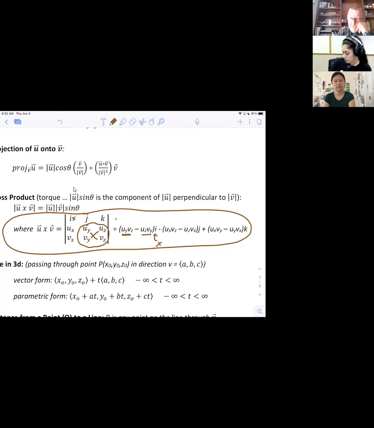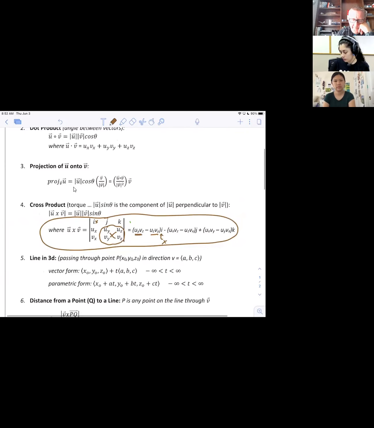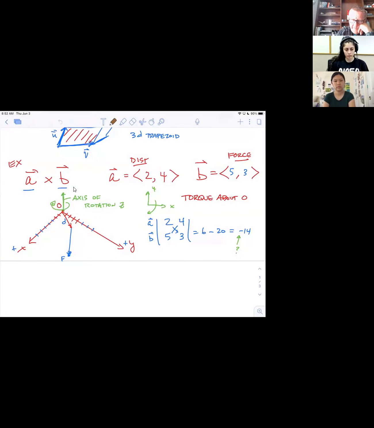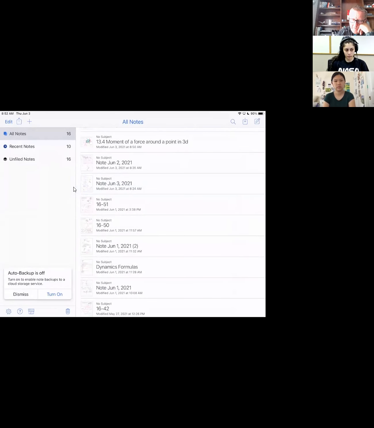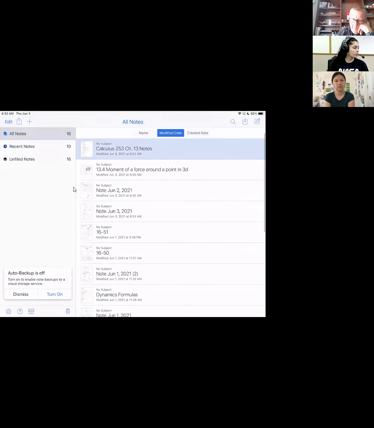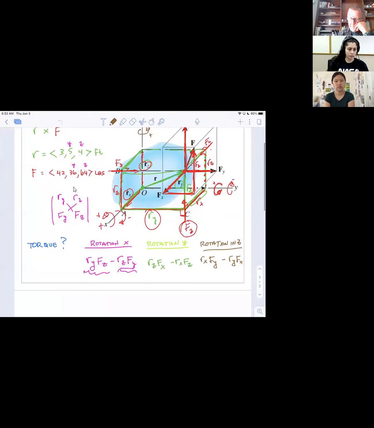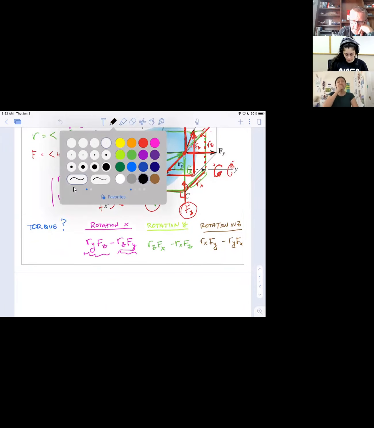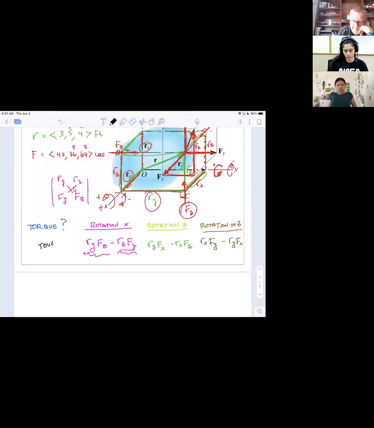Now, I want to show you something kind of cool. The reason mathematicians spent some time with this is, can you appreciate that this right here is going to be tough to remember?